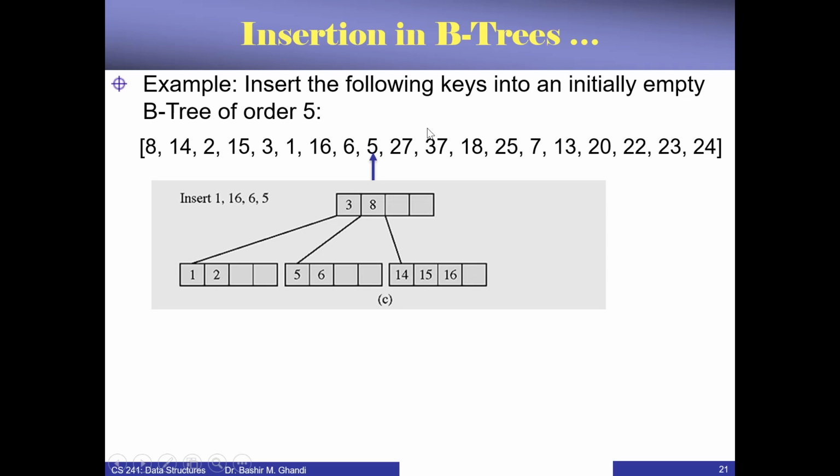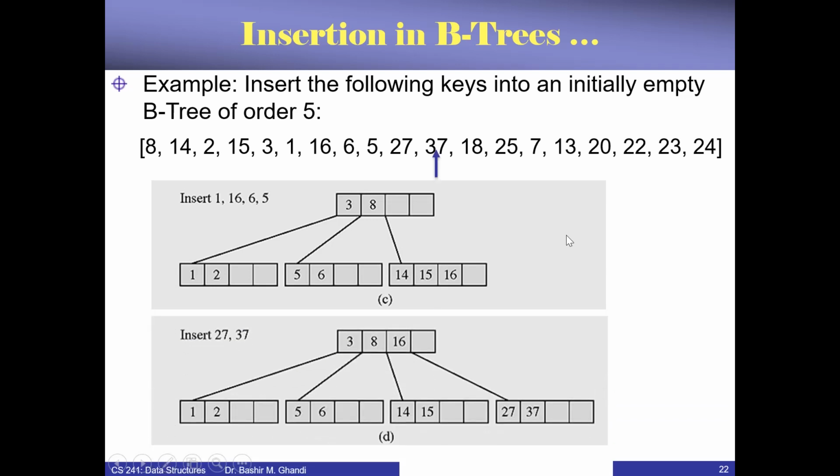On the right, you're going to have 27, 37. The 16 will move to join the parent. Okay, so this is what you're going to have after inserting until 37. Okay, so the parent is gradually getting full as well. Yeah, so this is what you have after inserting 37.